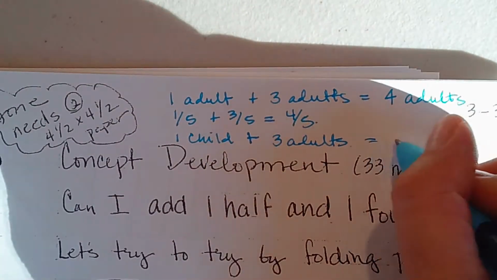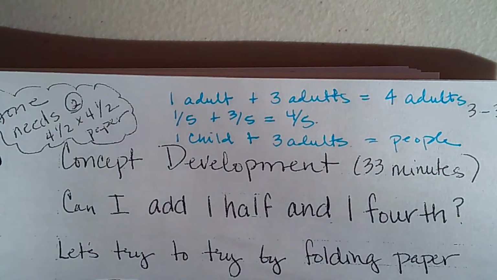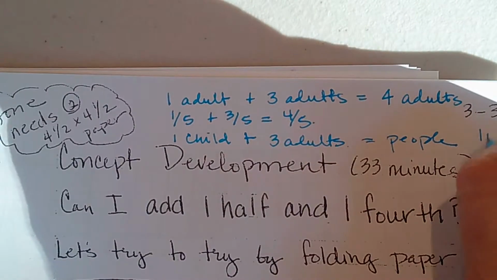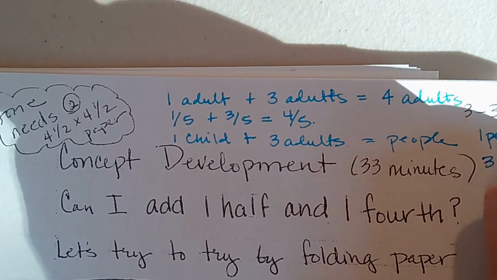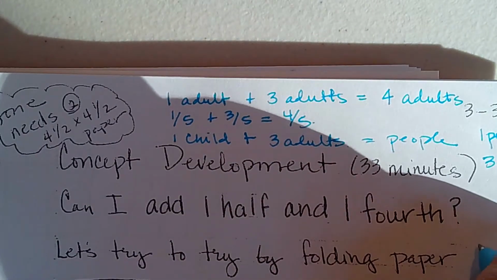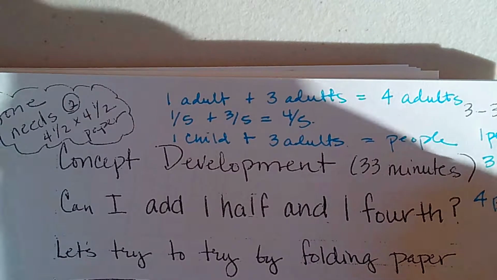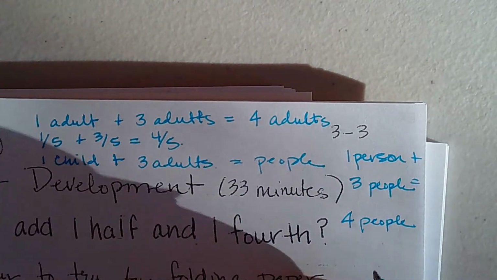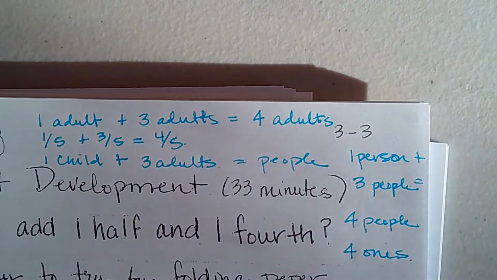Well, they're people, right? So adding people, not children and adults. If I said one person plus 3 people, that would equal 4 people, right? 4 people, which would be 4 units or 4 ones, correct?